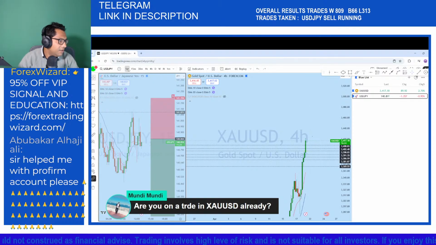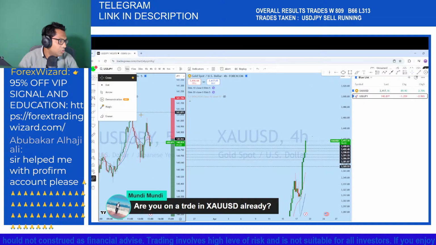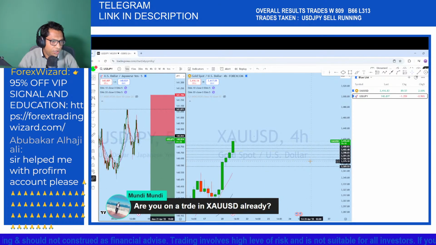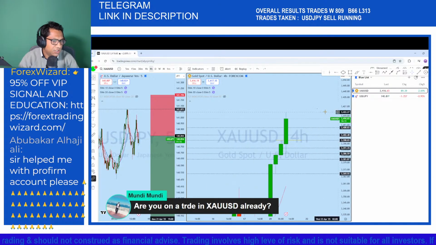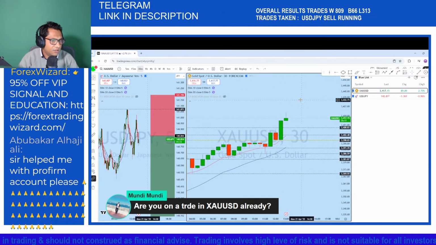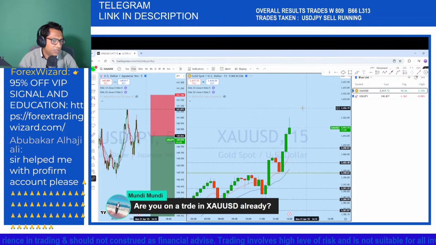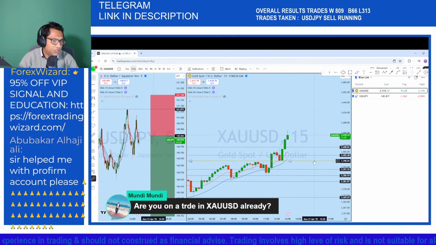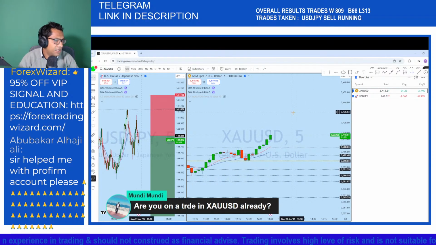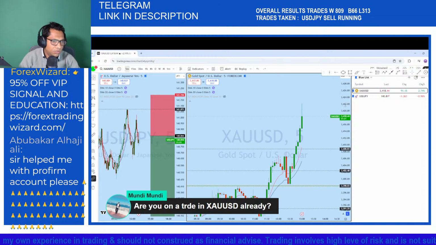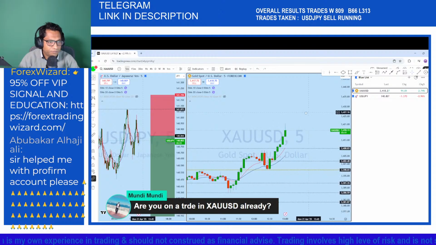So dollar yen, expecting the market to possibly break below here in that direction. So here is dollar yen running, and XAUSD also has a significant trend, which we will be entering as soon as we find a suitable entry on this instrument as well.